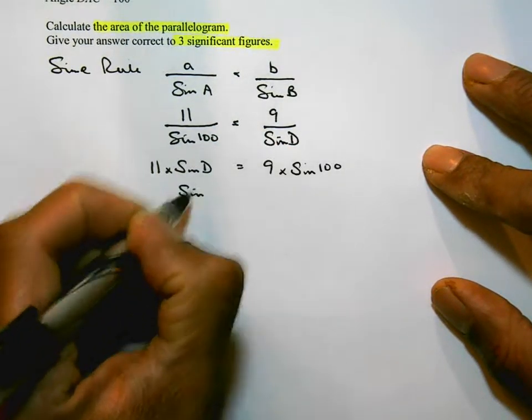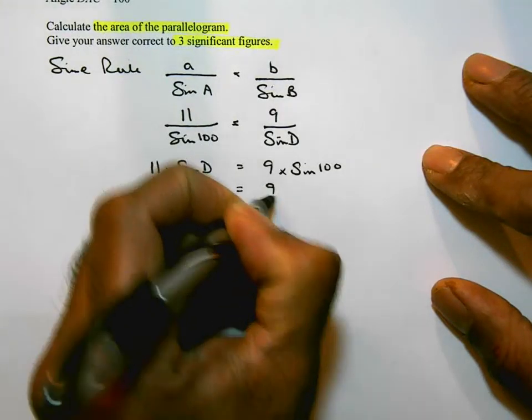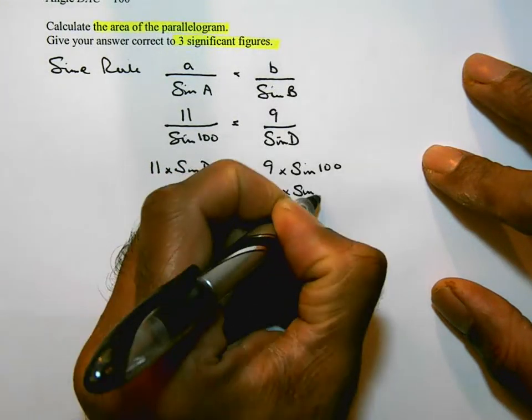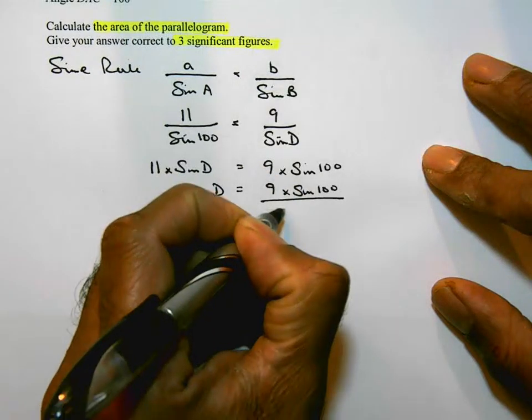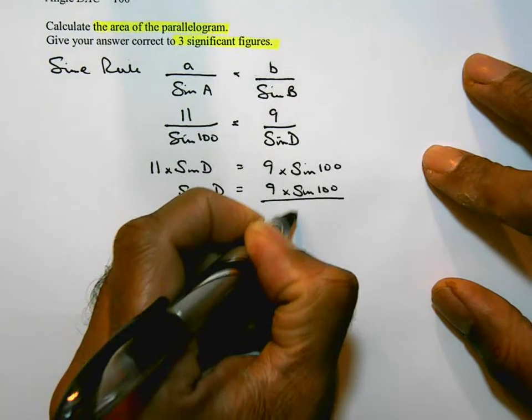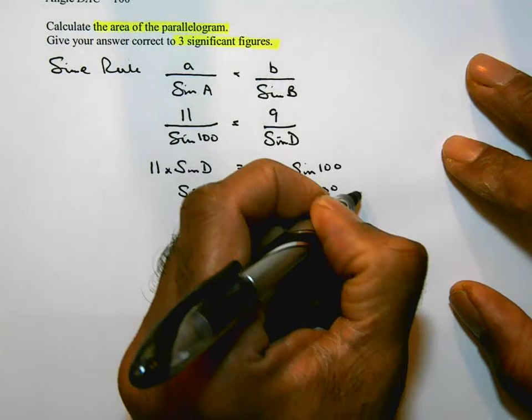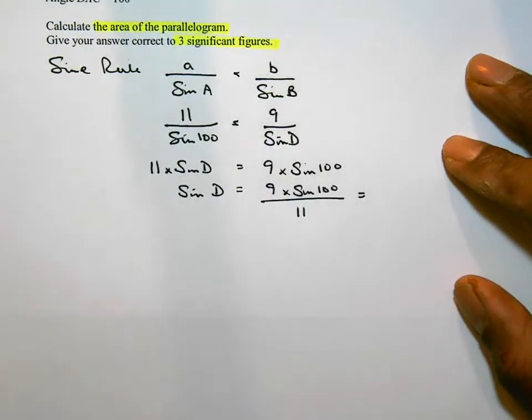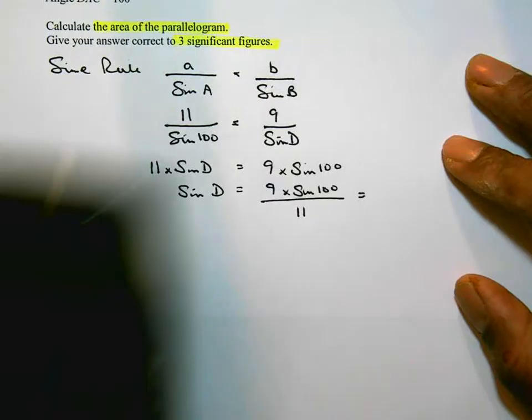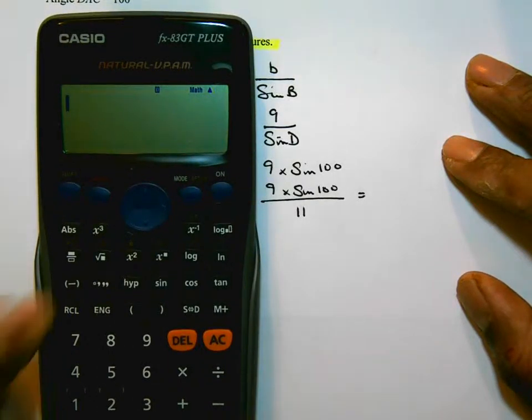If I divide by 11, I'll get sine of D is equal to 9 times sine of 100 over 11.